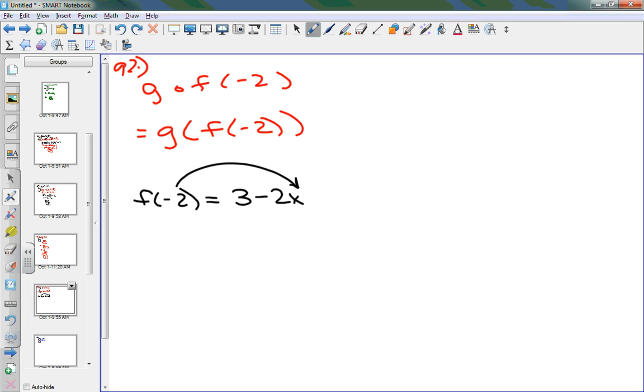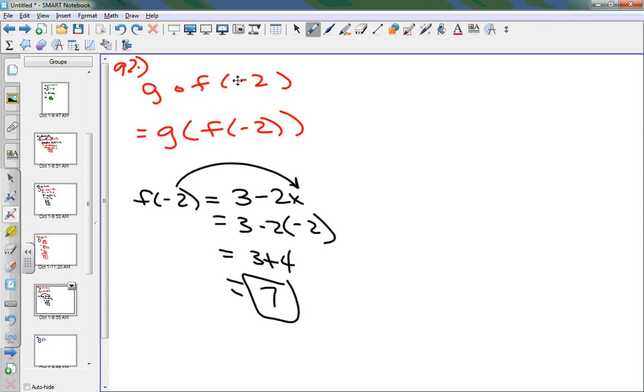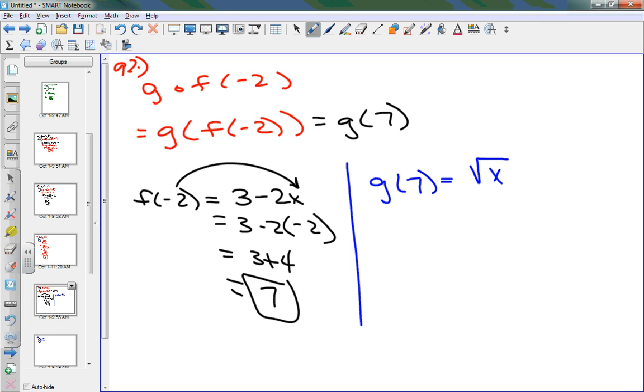So I'm going to plug in negative 2. So that's 3 minus 2 times negative 2, to give me 7. Now, what does f at negative 2 equal? It's 7. So I can substitute that in, and I need to do g at 7 now, correct? What is g defined to be? The square root of x, to give you the square root of 7. And that is going to be your final answer.